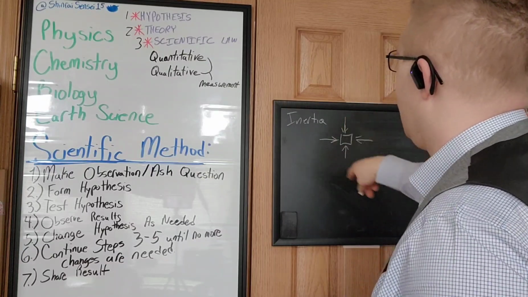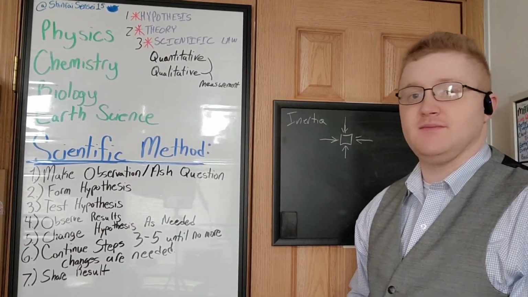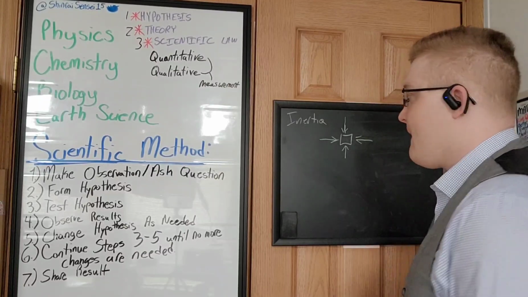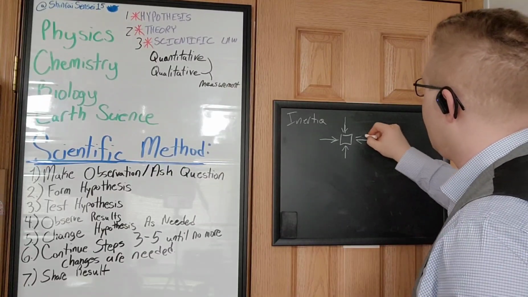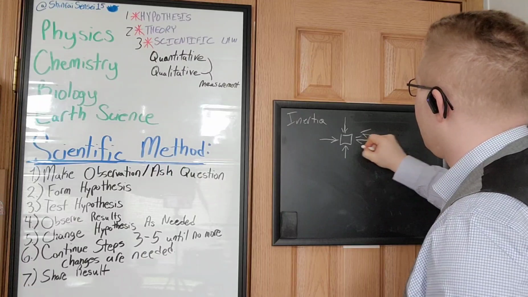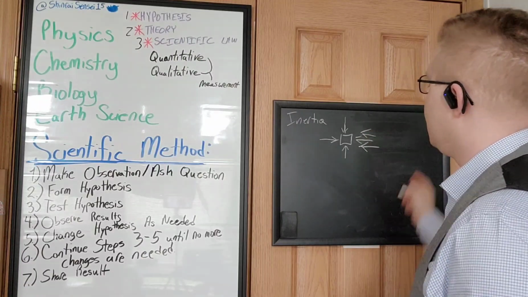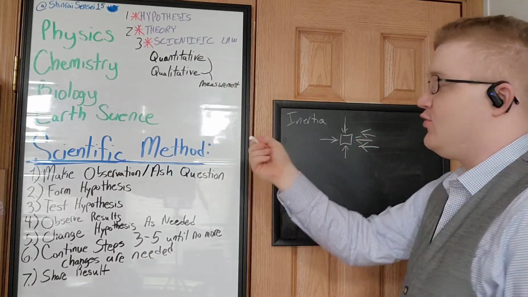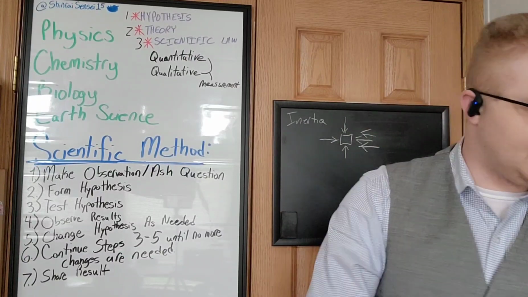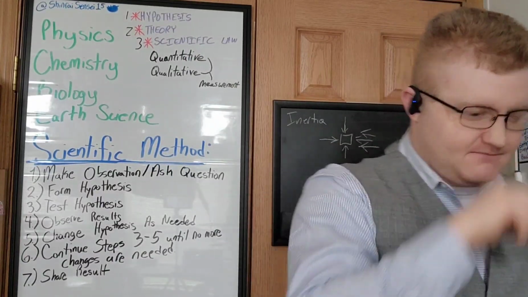And so long as these are all balanced, the object stays where it is, right? But the moment that you get a little bit more force going in this direction, the object is going to move in that direction. That's the basics of the law of inertia, right?